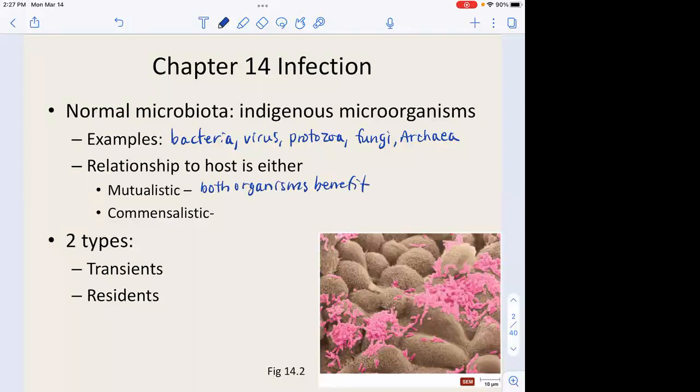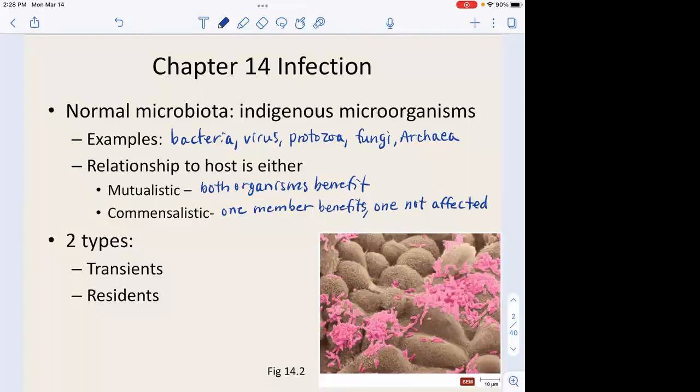Where a commensalistic relationship is when one member benefits and one is not affected. I always get my spelling of that word mixed up, so I may or may not spell that right.